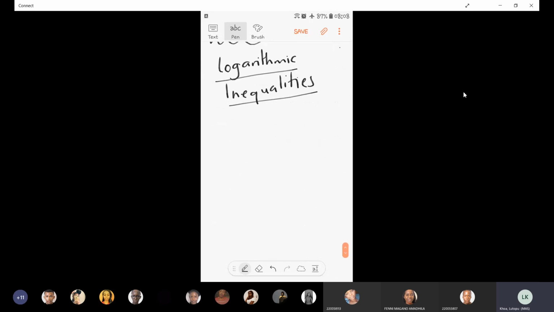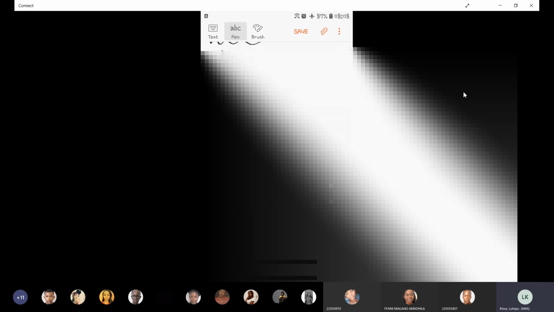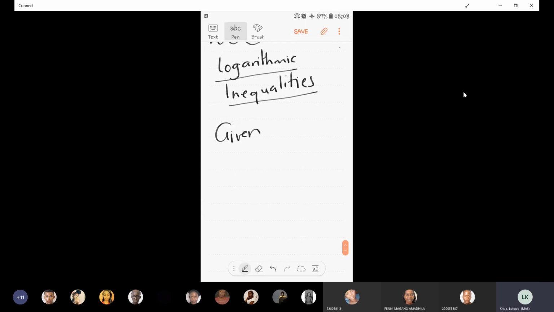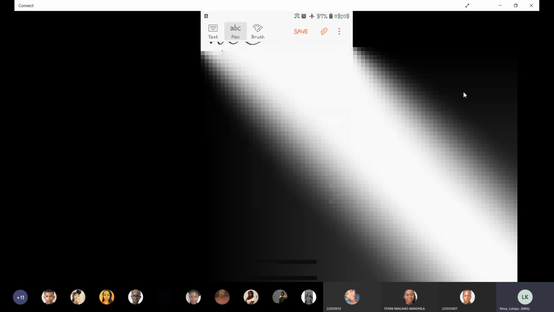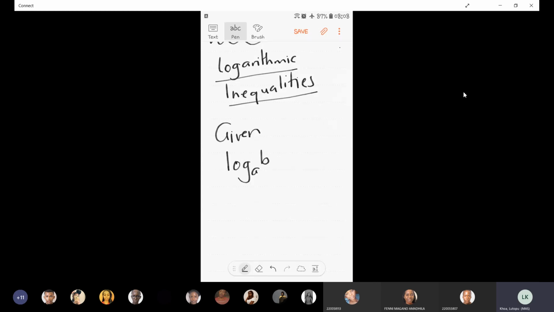Okay, so just like the name suggests, these are inequalities that involve logarithms. Now what we know about a logarithm, that if we are given this log base a of b, this logarithm is not defined for any values of a and b. So it means that there are some values for a and b where you will get a math error.